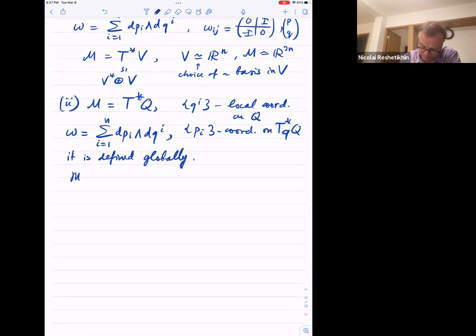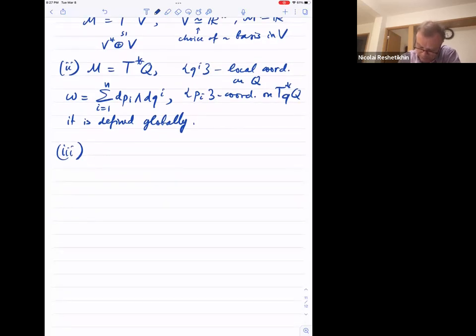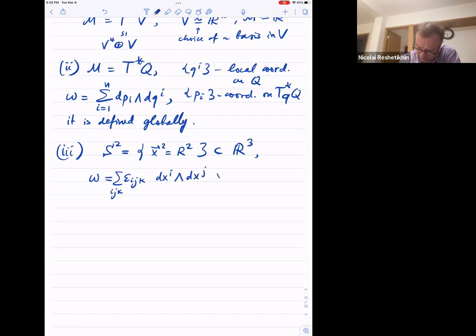Actually, why not? Here's one more example of a different nature. Let's consider S^2 as a sphere of radius R in R^3. Let's define the form omega as epsilon_ijk, the totally skew-symmetric tensor, times x_i dx_j wedge dx_k.